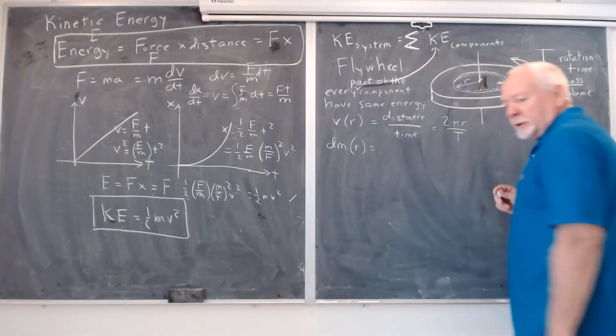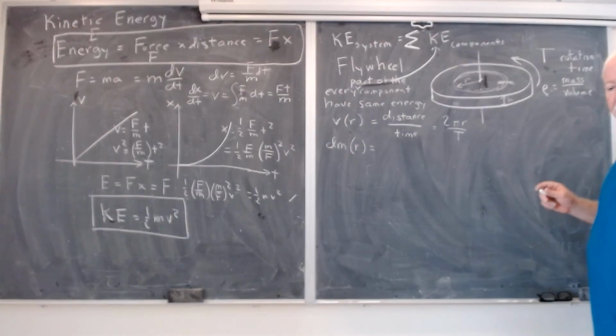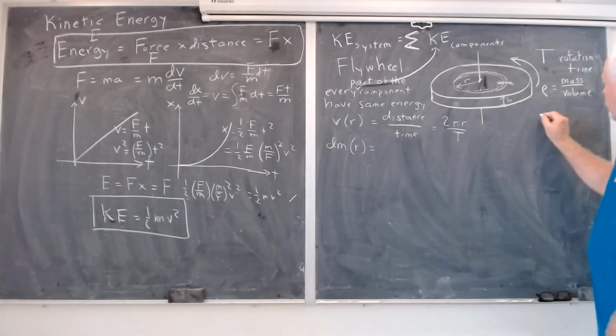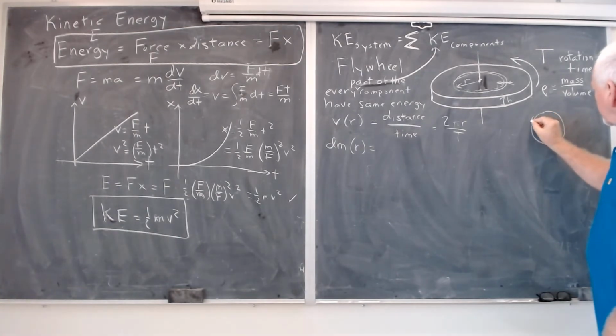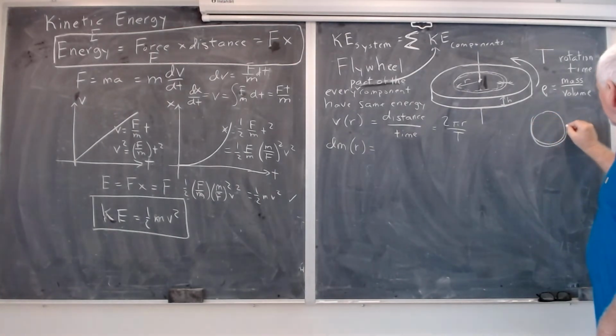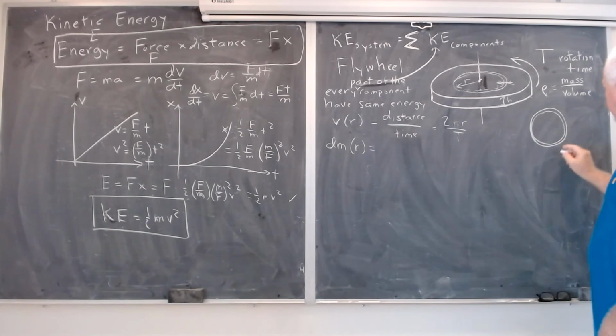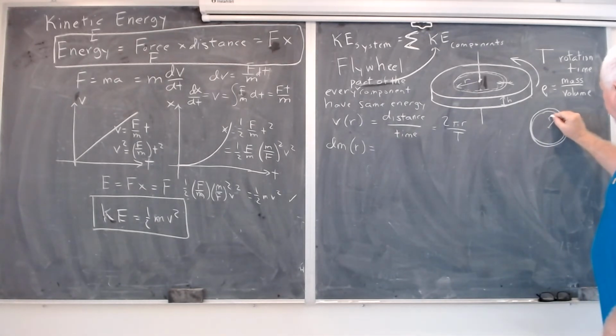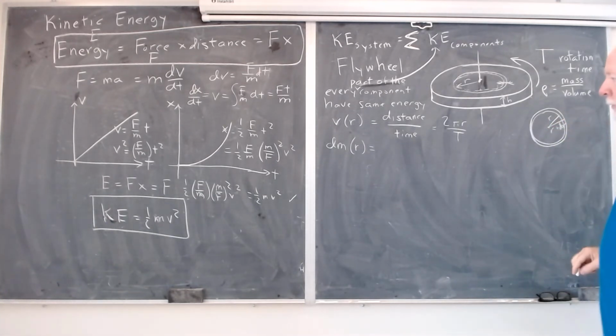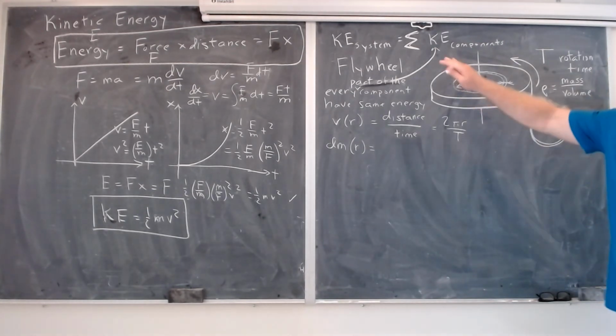Here I always like to draw, if necessary, a circle. If that is R and that is R plus dr, you can see that I'm jumping ahead and going from a summation to an integral here.